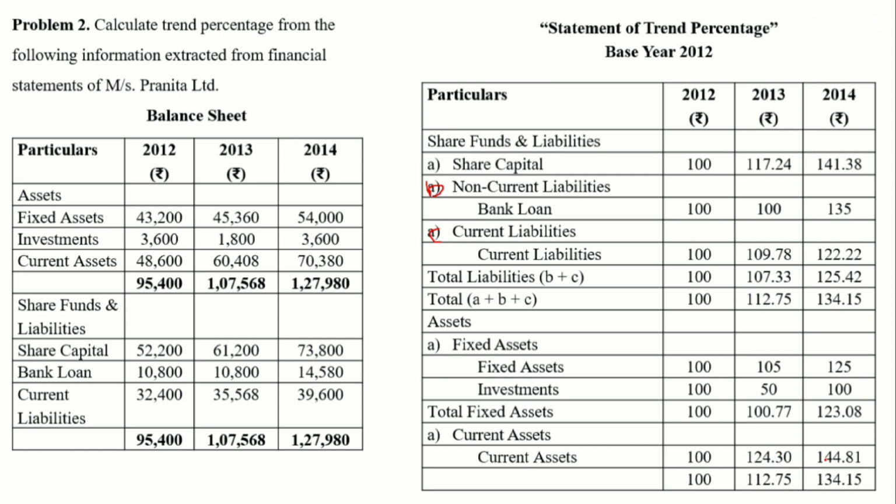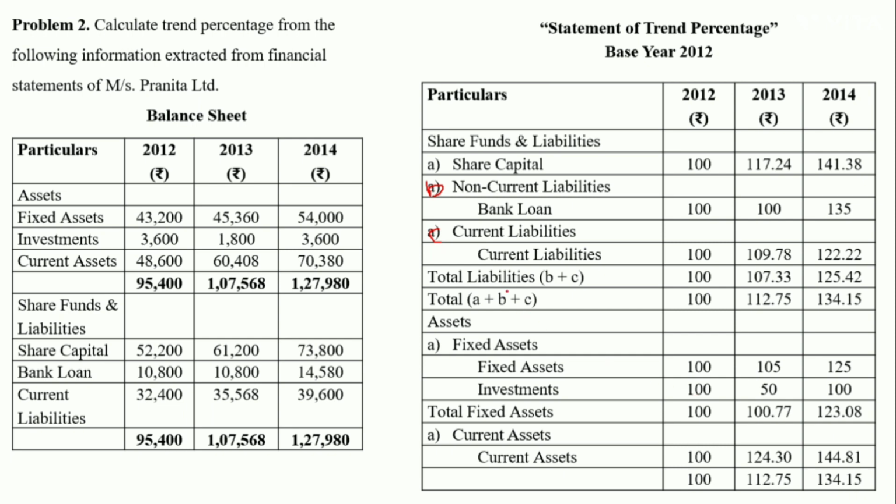It shows good short-term liquidity as current assets are more than the current liability. Current ratio shows the short-term liquidity position of the business. From this, we can interpret the good short-term liquidity of the business.